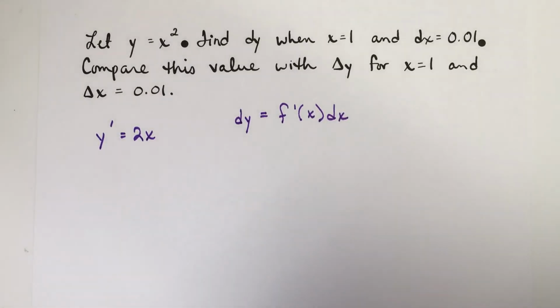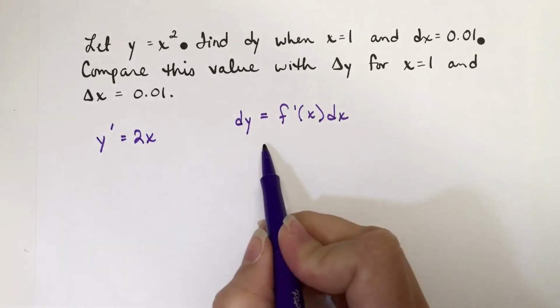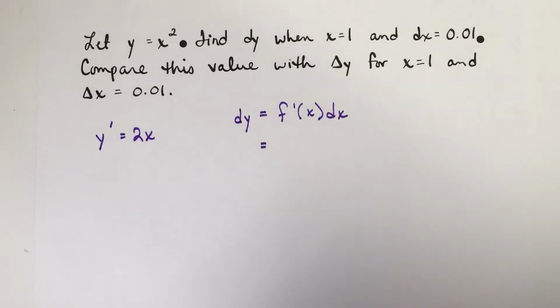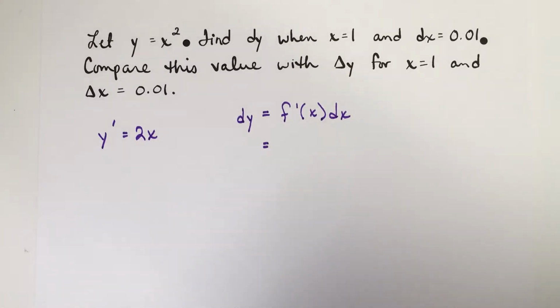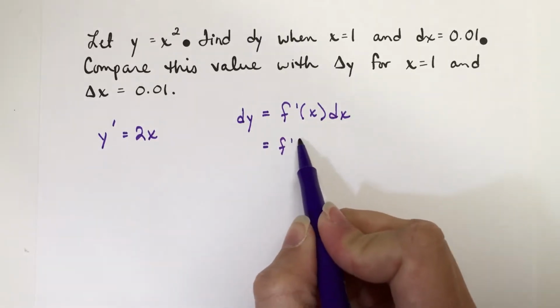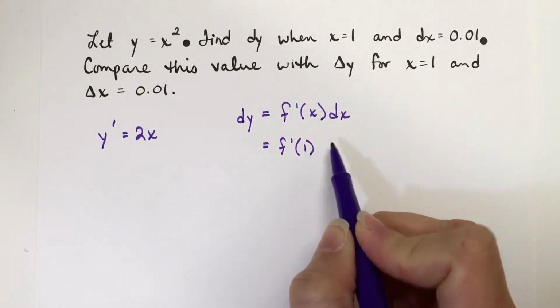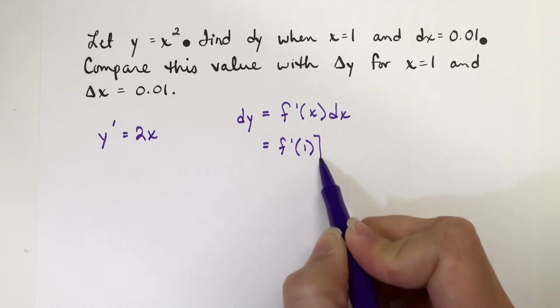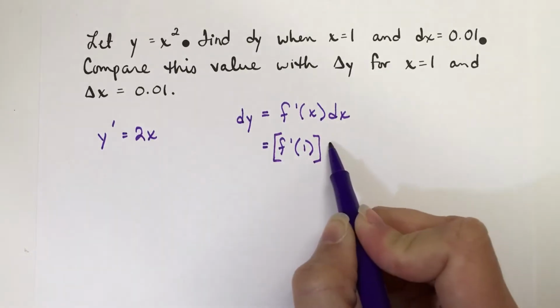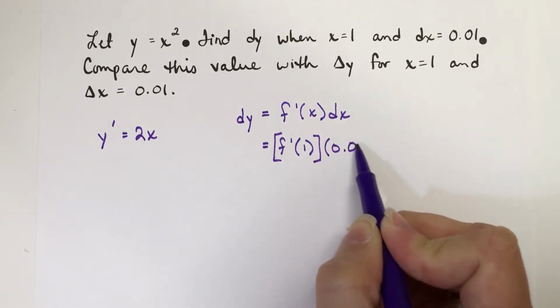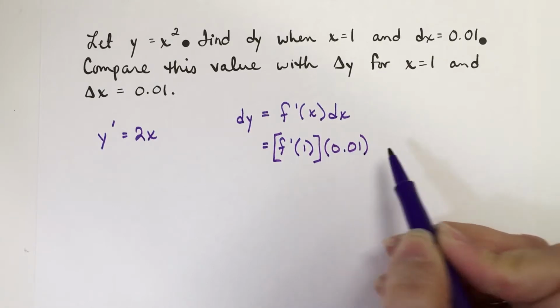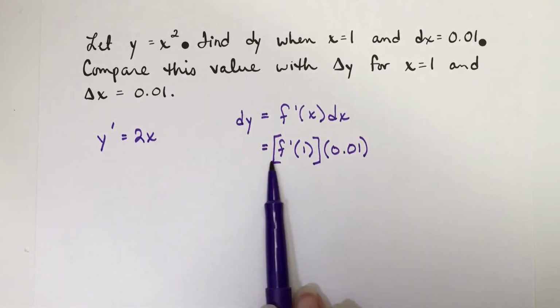Okay, so using this, we've got our information that we can substitute in. So the x value that we're dealing with here is x equal 1. So that means I'll have f prime of 1. And we are told that dx is 0.01. Okay, I just went back and put this in a bracket.